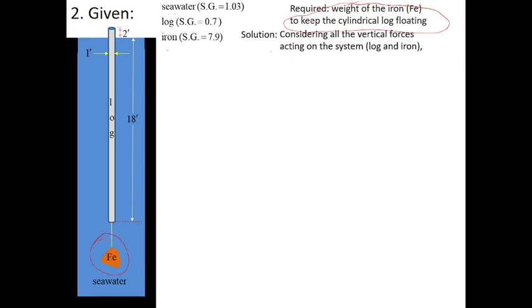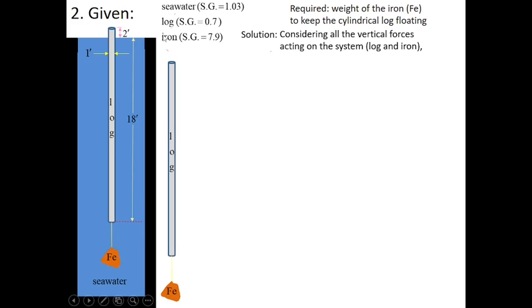the solution here is we consider all the vertical forces acting on the system, that is log and iron. Nothing was mentioned in the problem about the rope, so we can neglect the weight of this thread. So in that case, we consider the log with the iron as the system.